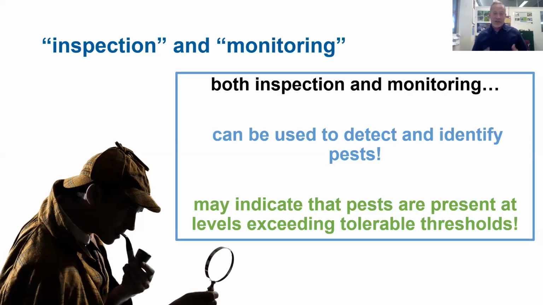In the case of something like a German cockroach or a bed bug, the threshold may be 1. We found 1 cockroach, we need to do something. In the case of Argentine ants around a structure, maybe the threshold is higher. Perhaps if they're not entering, we don't take the same steps that we would if the ants are entering and causing a problem in the break room, for instance.